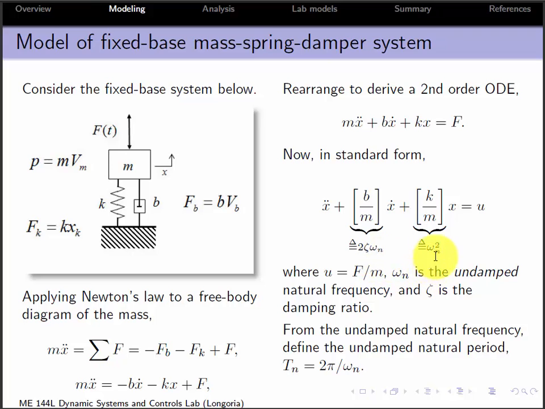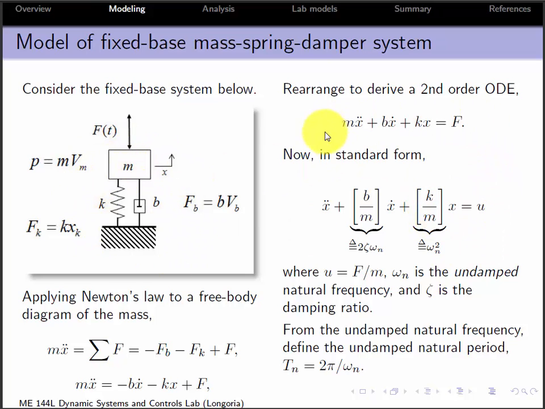That's by definition. And the term in front of the x term, the term that's not going to have a derivative, is always going to be your omega n squared. So whatever parameters you have thrown into here is always going to be equal to omega n squared. So omega n is the square root of k over m for this very conventional model.